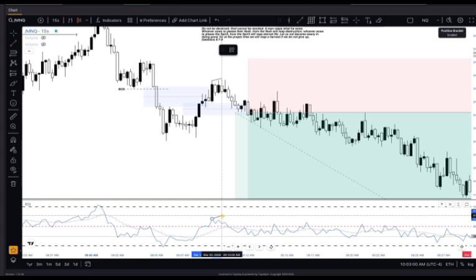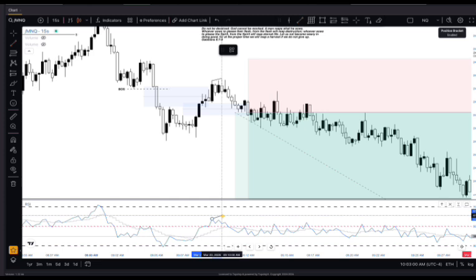Okay, so FX Replay is basically what it says. You can replay the price action and the price history of any chart and any ticker, any stock. Here you can see me taking a play of this inverse fair value gap.